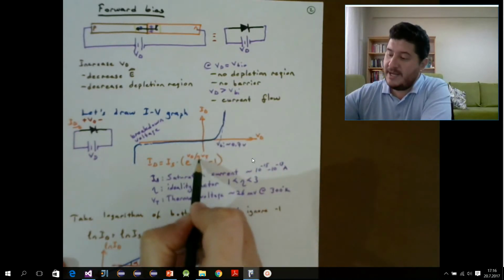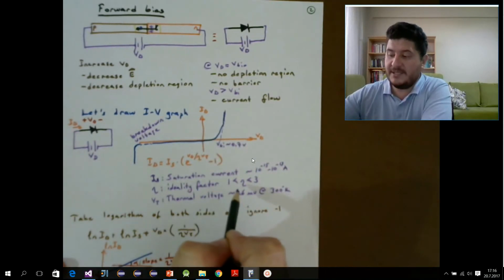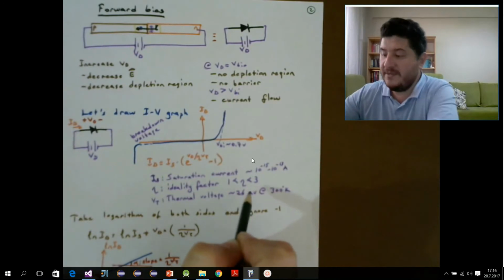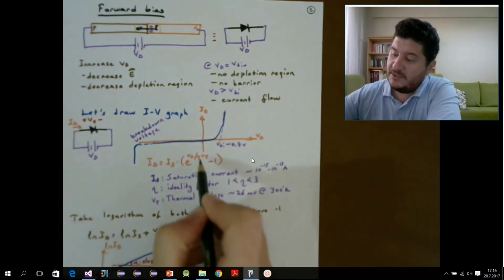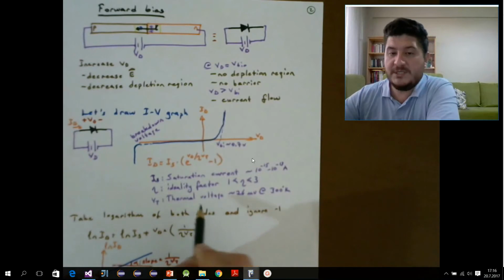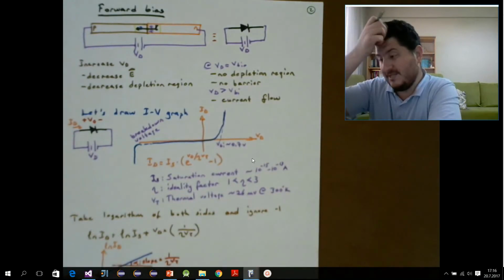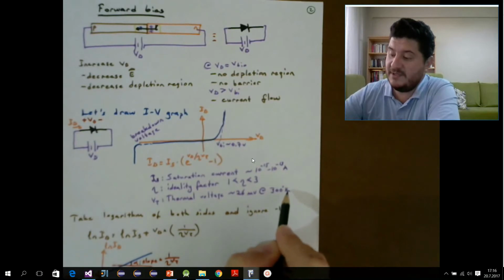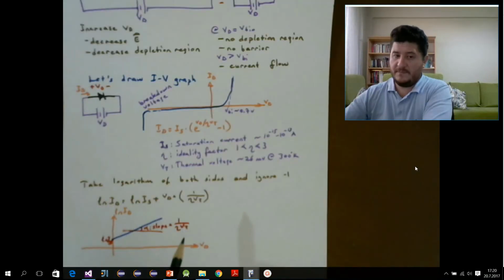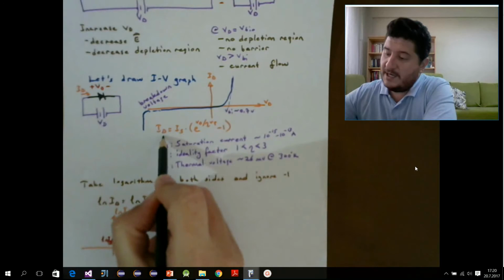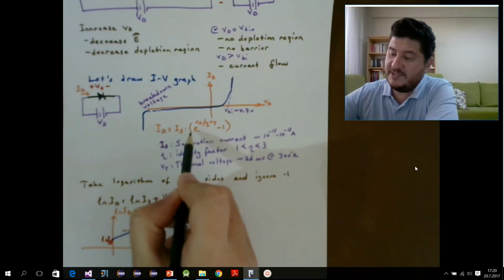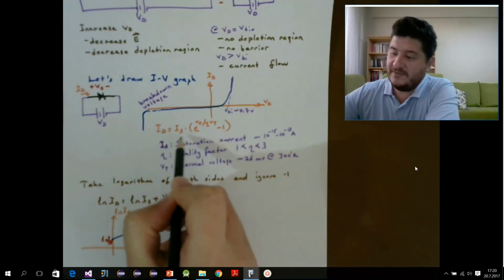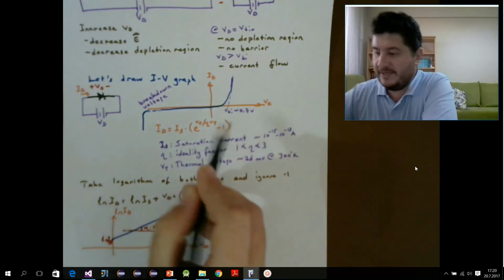And here N is the ideality factor, a constant number between 1 and 3. And VT is the thermal voltage, which is roughly 26 millivolts at 300 Kelvin room temperature. As you can see, ID and VD are exponentially related, and exponentially related functions are hard to evaluate.